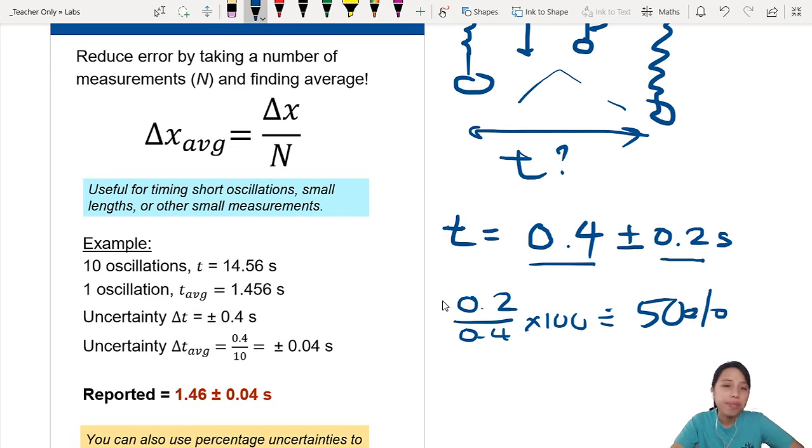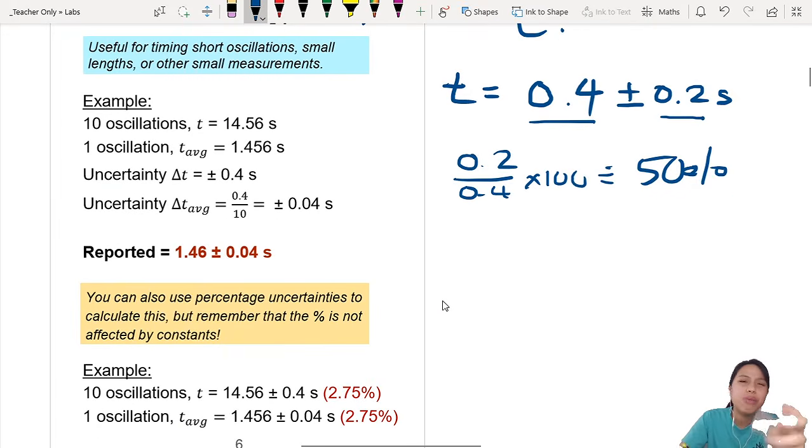So a certain technique is, if there are oscillations, you don't find one oscillation, you find 10 oscillations, and then later you divide by 10. So let's say one oscillation is too fast, cannot time, my eyes are not fast enough.